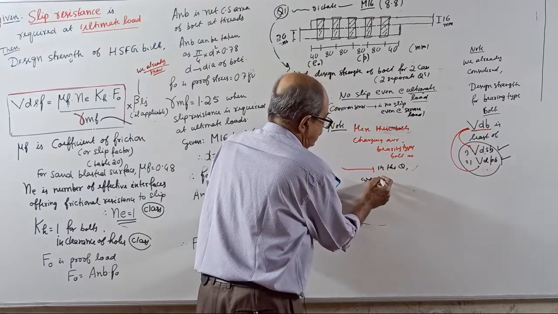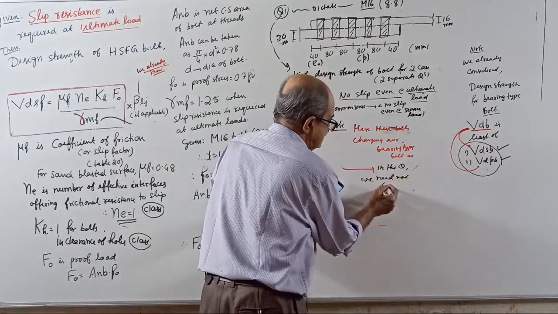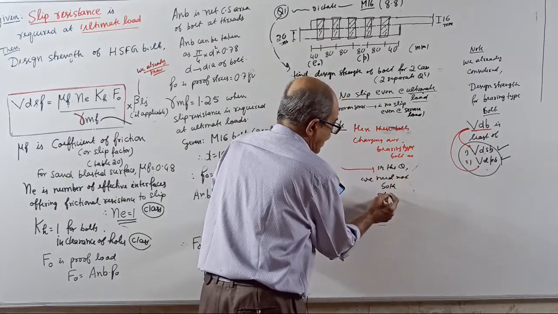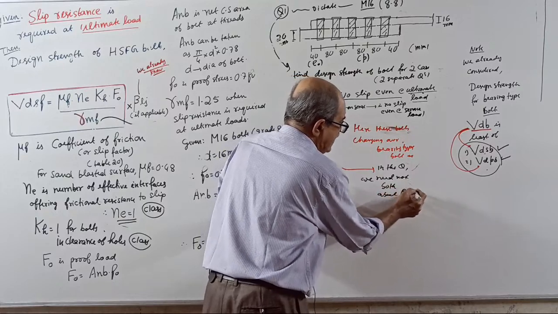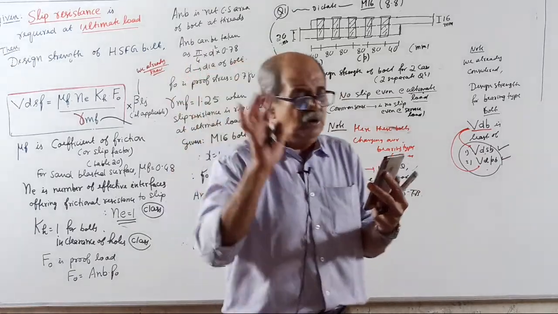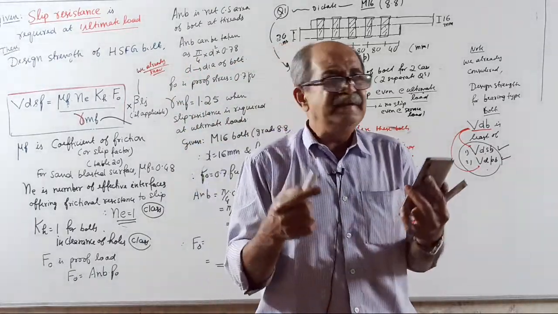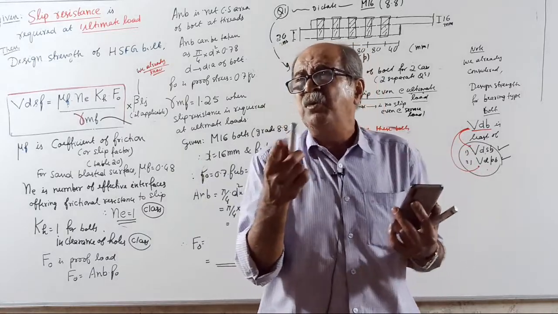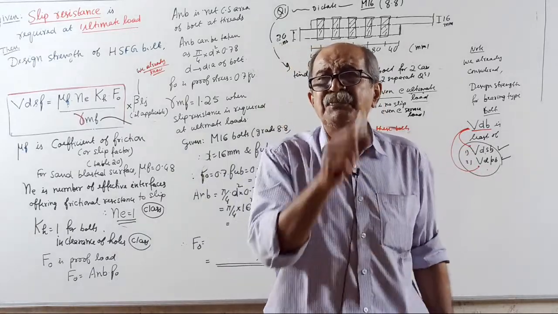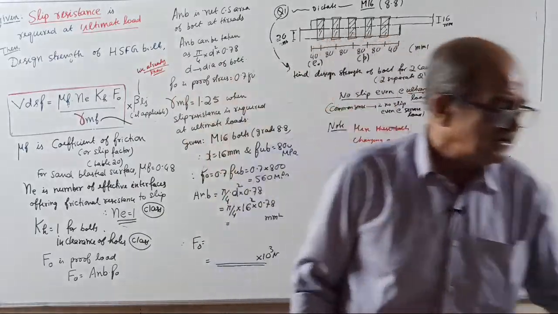Therefore, in this question, we need not bother about bearing type bolt. Clear or not? Because bearing type bolt action will come only if slip takes place. There is no slip. Okay, start.